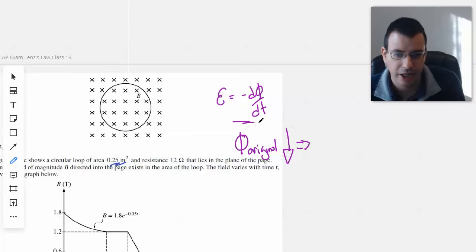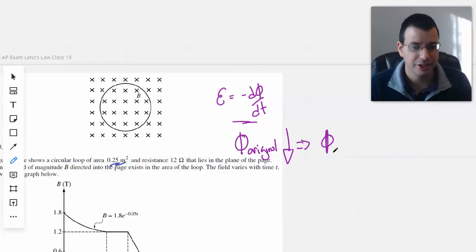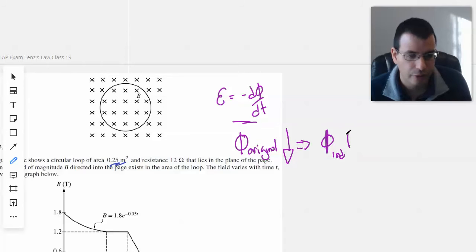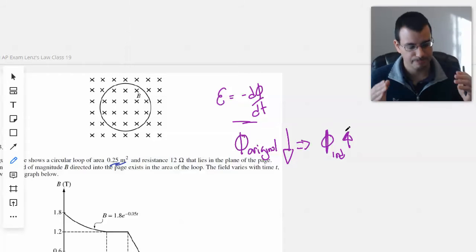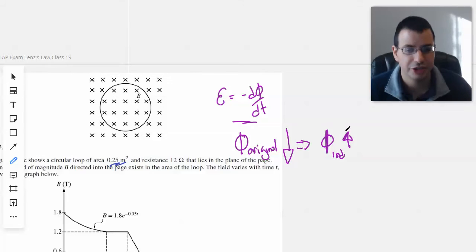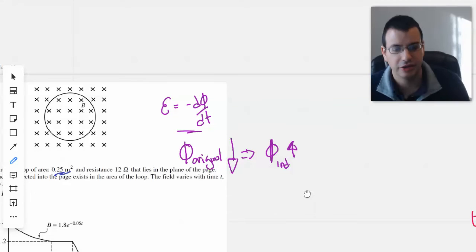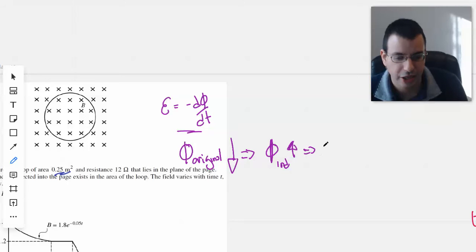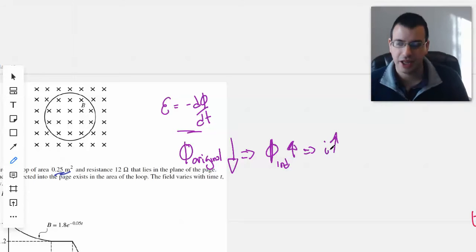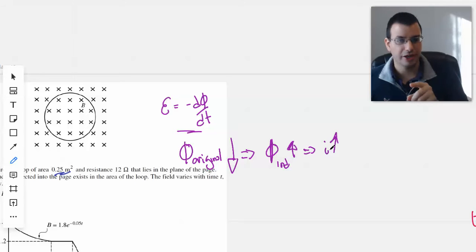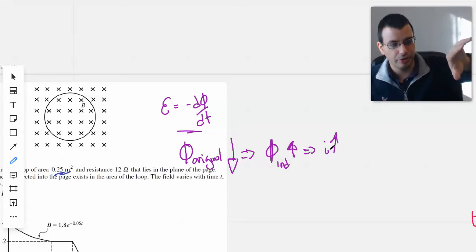Therefore, by Lenz's law, a flux is going to be created that compensates for this drop. And so it's going to raise the flux, which will cause a rise in current in the same direction as the current magnetic field. So the magnetic field is into the board.